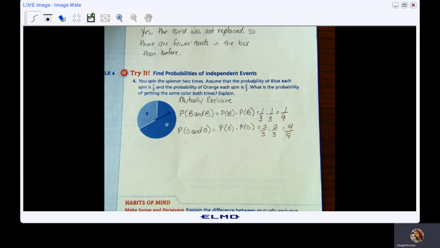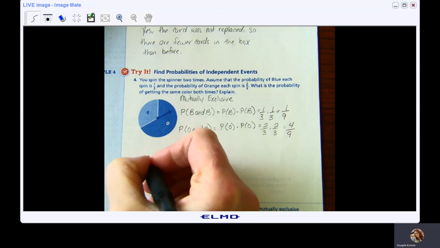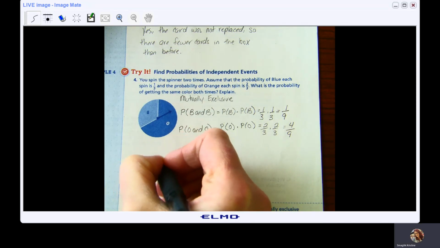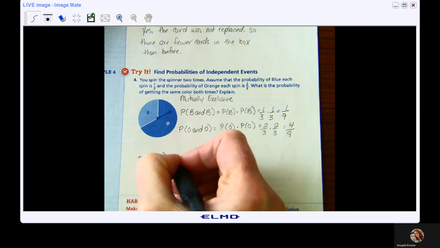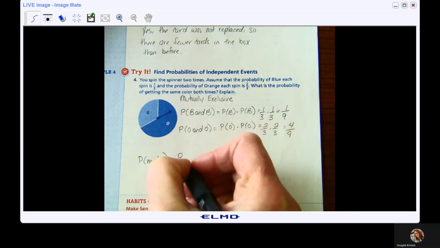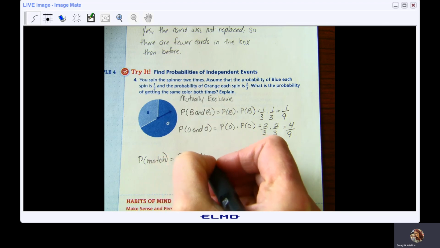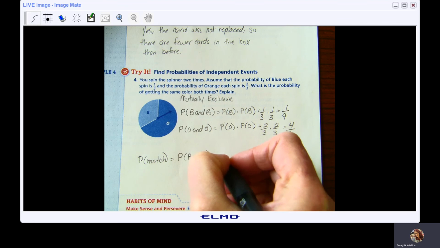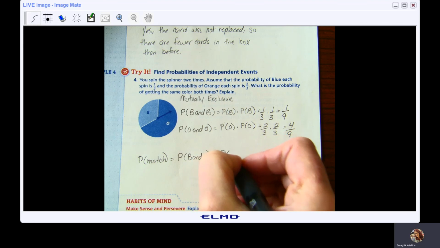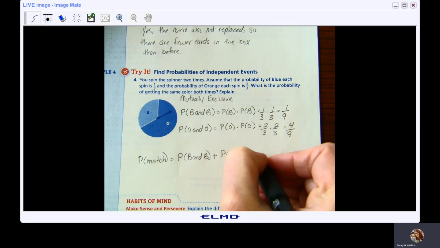So now what is the probability of getting the same color both times? The probability of the match is the probability of blue and blue plus the probability of orange and orange.